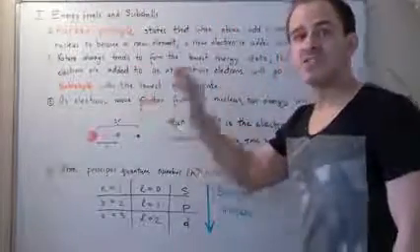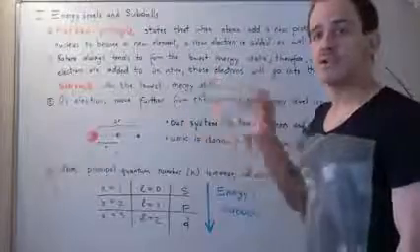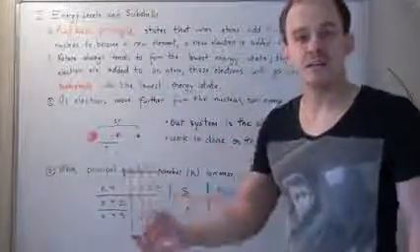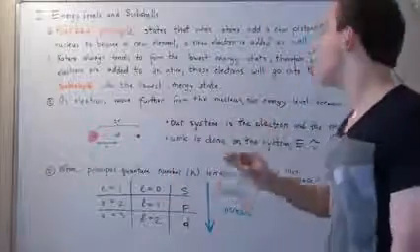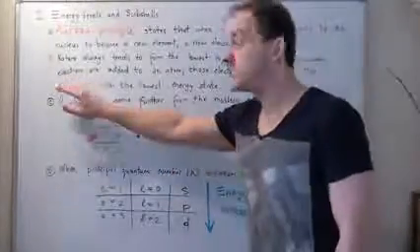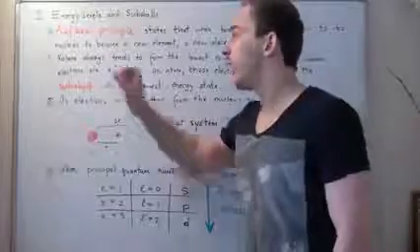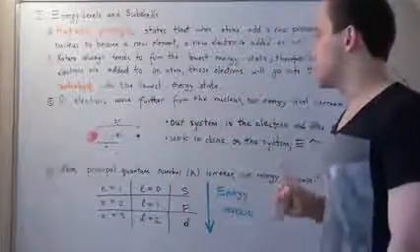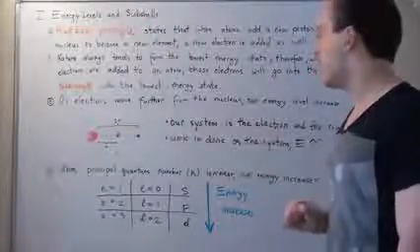Luckily, nature always tends to form the lowest possible energy state. Therefore, whenever we add electrons to our atom, that electron will go into the lowest possible energy subshell.